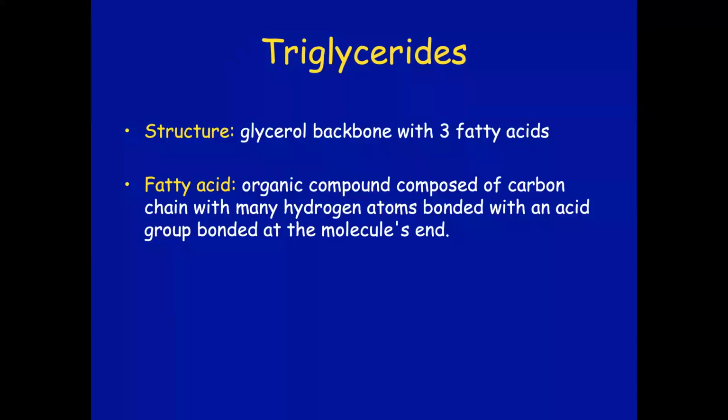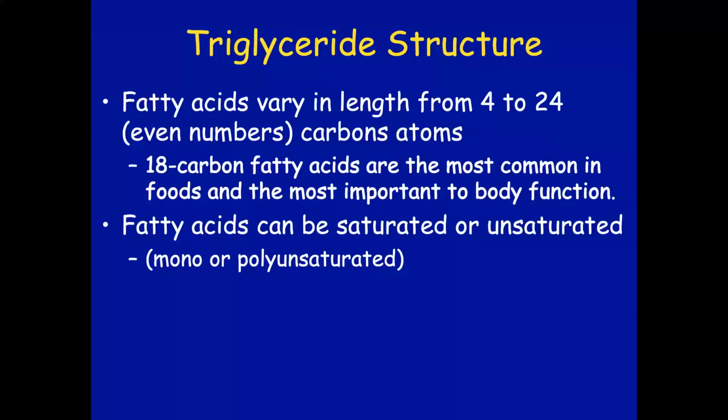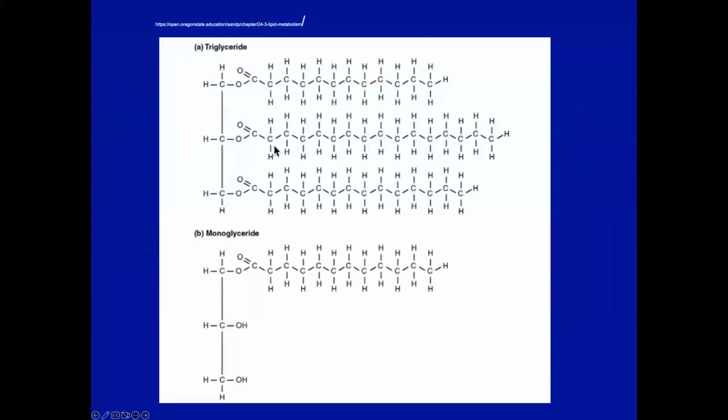Fatty acids are the carbon-based chains that are going to be attached to the glycerol backbone of a triglyceride. They'll have a lot of hydrogens hanging off those carbons. And there will be an acid group that will form the connection between the glycerol backbone and this fatty acid chain.